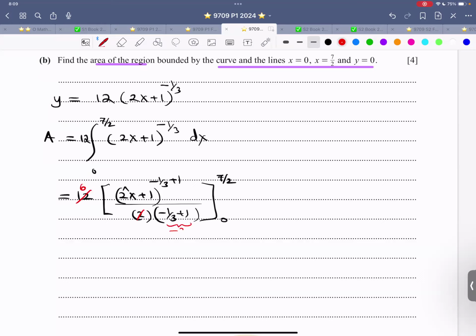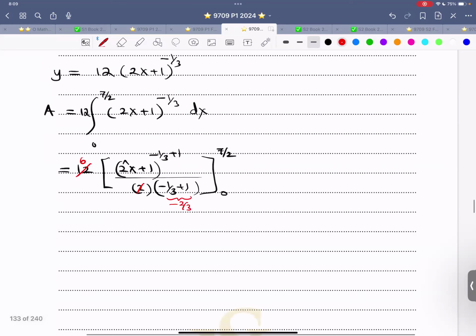Negative 1/3 plus 1 is positive 2/3. Division by 2/3 is multiplication by 3 over 2. So this is 6 into 3 over 2, and this is (2x + 1) raised to the power of 2/3. This is 0, this is 7 over 2.